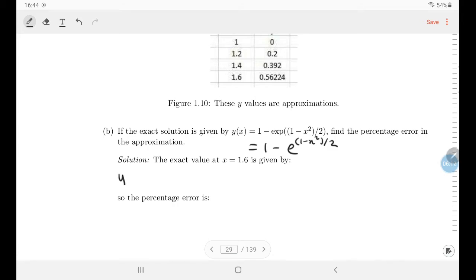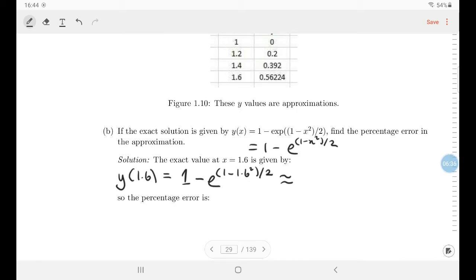So y(1.6) is equal to 1 minus e to the power of (1 minus 1.6 squared) over 2. Now I'm going to round this to 5 significant figures. That's usually what I'd recommend here.